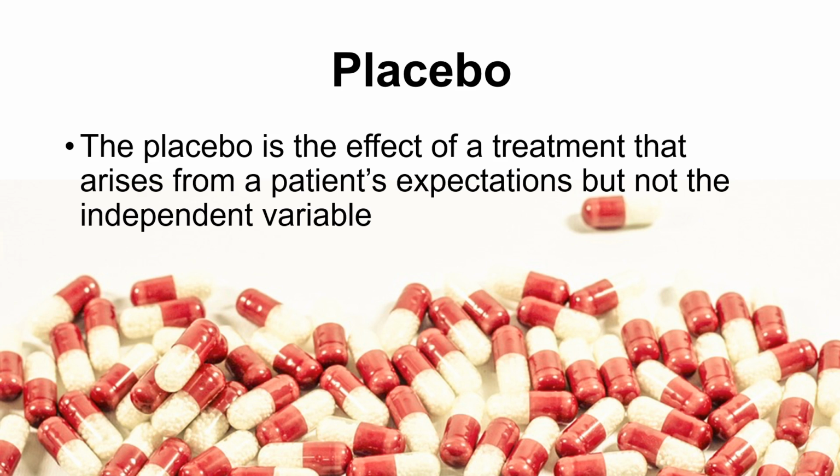And this can lead to the placebo effect, which is basically where the effect of a treatment comes out of apparent expectations, but not from our manipulation. So the patient in the experimental group received the drug, but they do better not because of the drug, but because they think that they should improve.